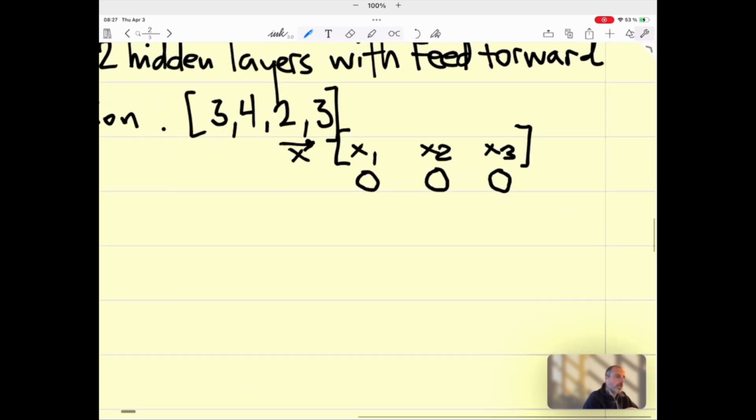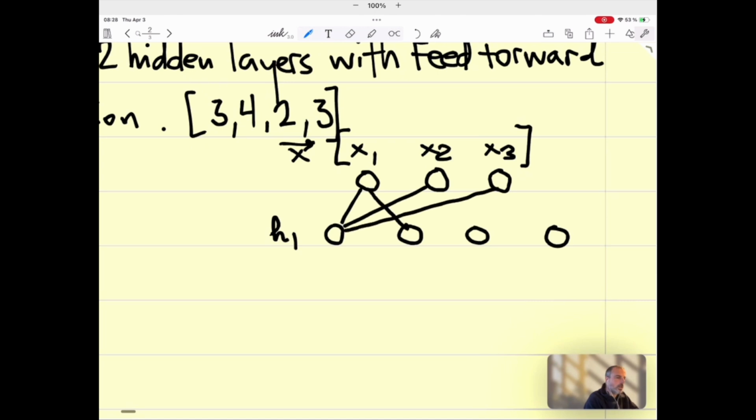Let me zoom it a bit. This is our first hidden layer. We have our connections there. So it's a fully connected architecture. This is going to be our weight matrix 1 to H1, these connections.